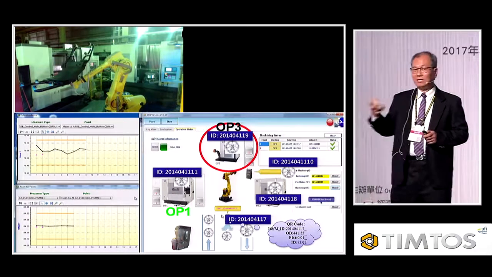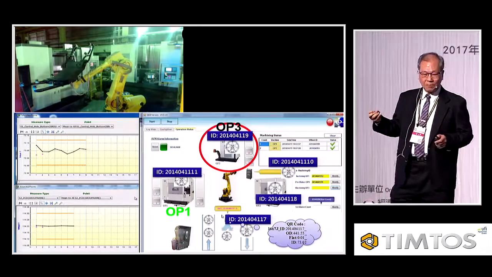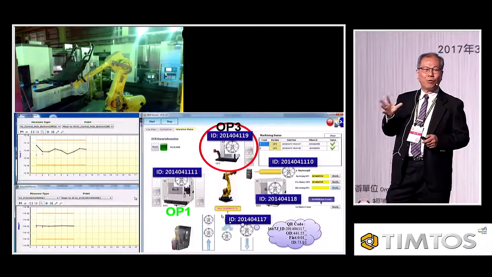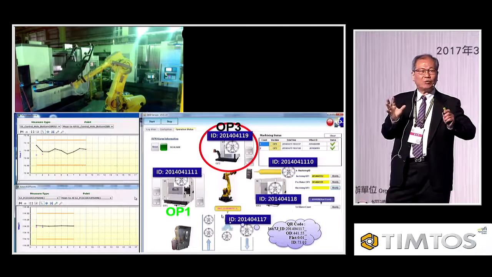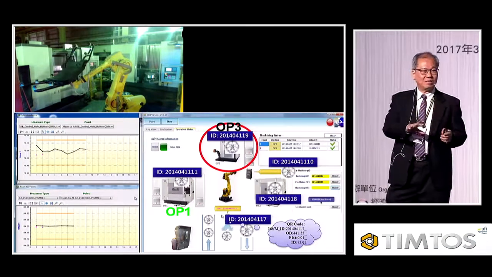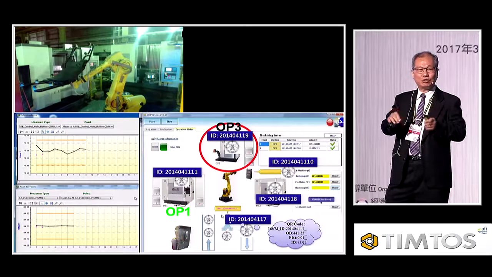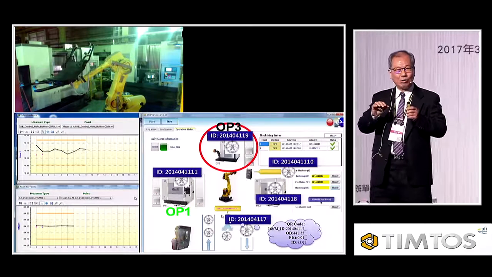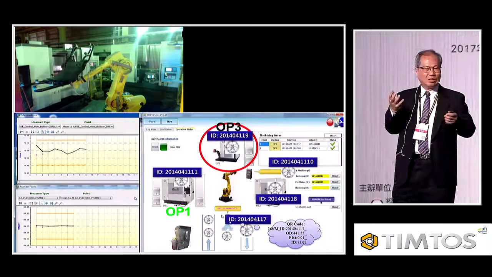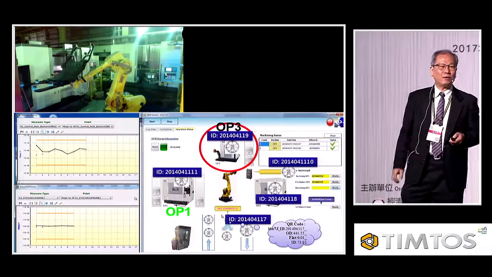And not only Industry 4.0, I will give you the concept of Industry 4.1, because Germany proposed Industry 4.0. But what they promote just emphasizes how to increase productivity. So that is very good. But they didn't say how to increase the quality. Why? Because they don't know how to do total inspection.